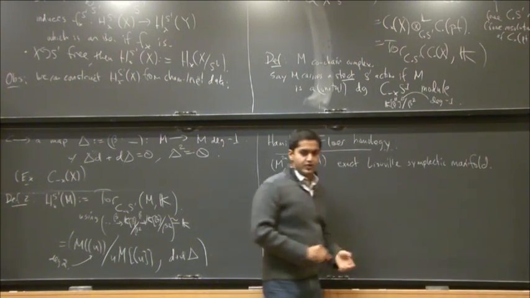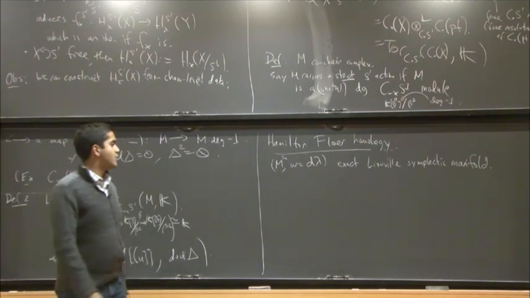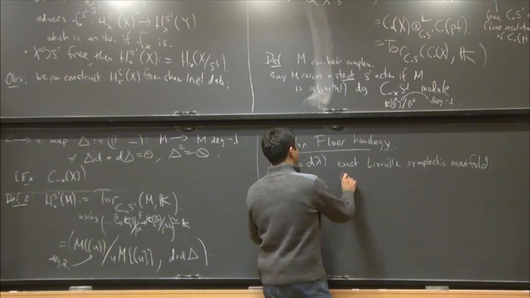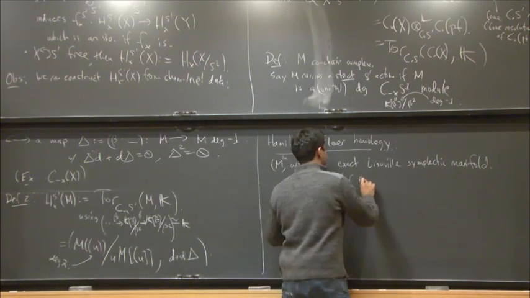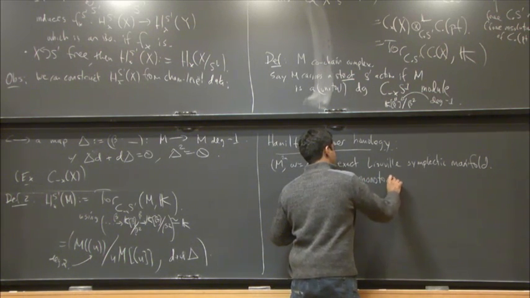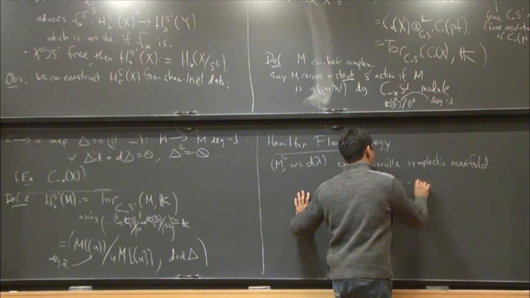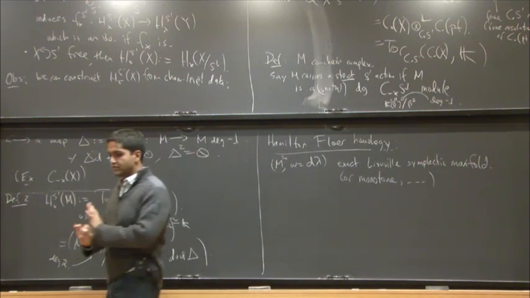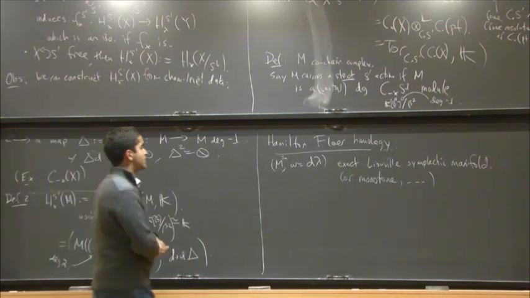And assume it's Liouville, so it has some convexity condition at infinity. I don't want to go into what it is. Or we don't need to assume exact. We could assume some other standard hypotheses in symplectic geometry. But maybe let's work with the exactness condition to make a definite statement.